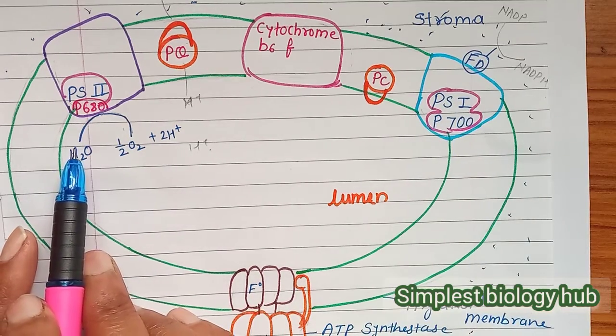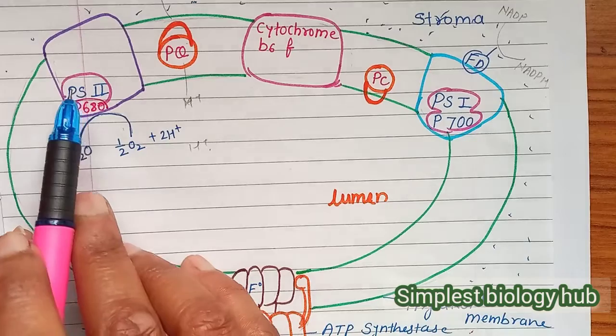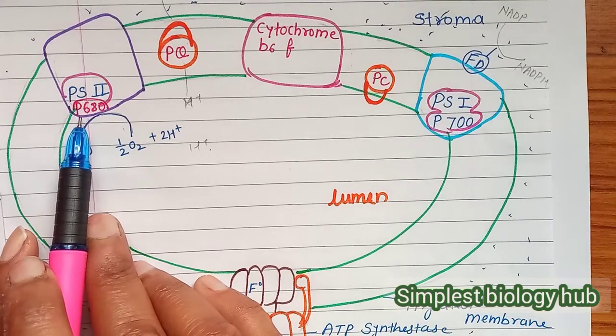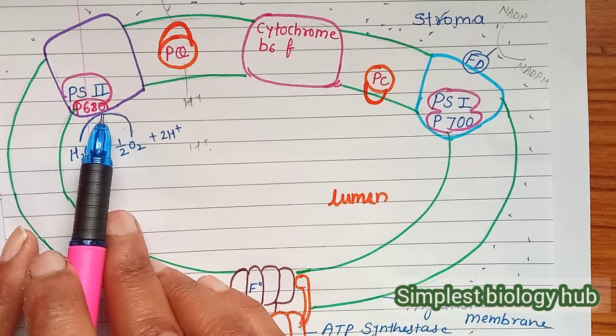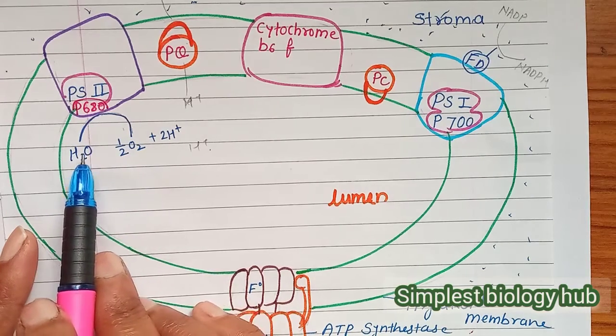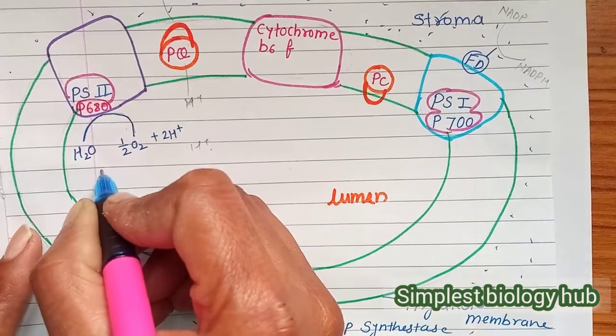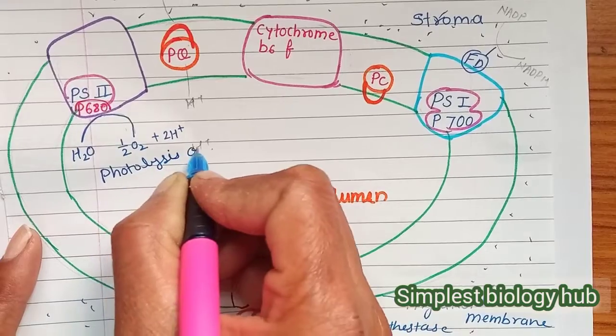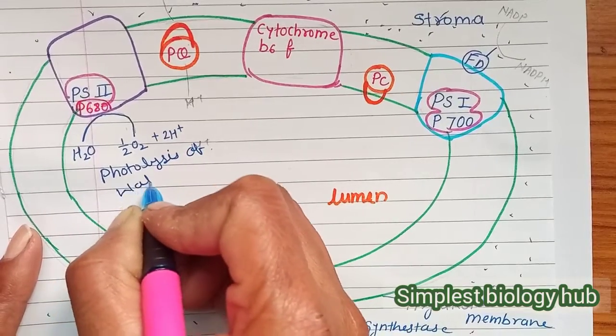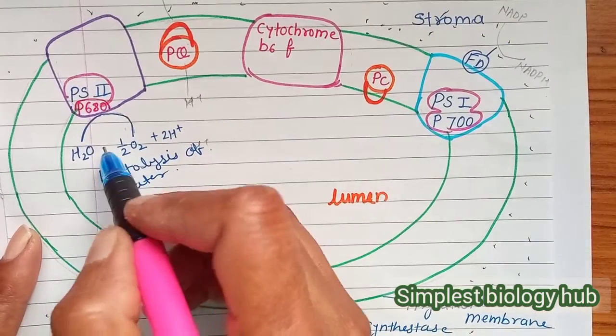In the light reaction, photosystem 2 absorbs or captures light rays of 680 nanometer wavelength, and the photolysis of water, or splitting of water, takes place inside the lumen.